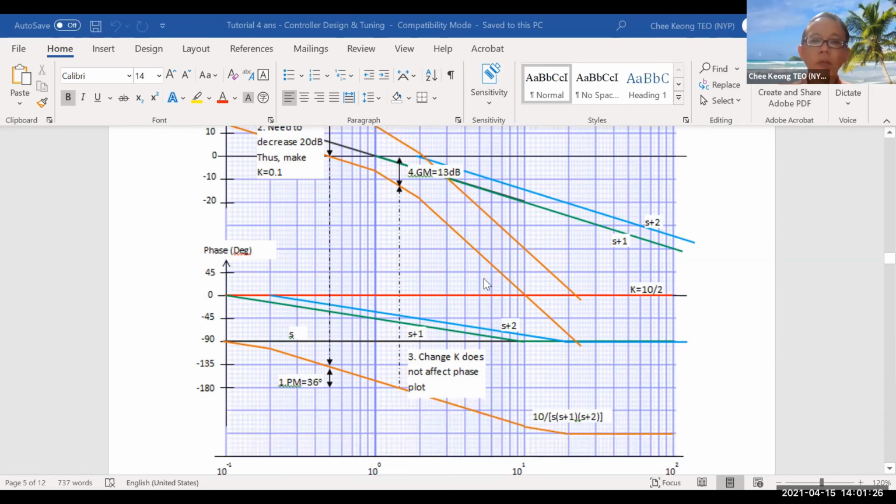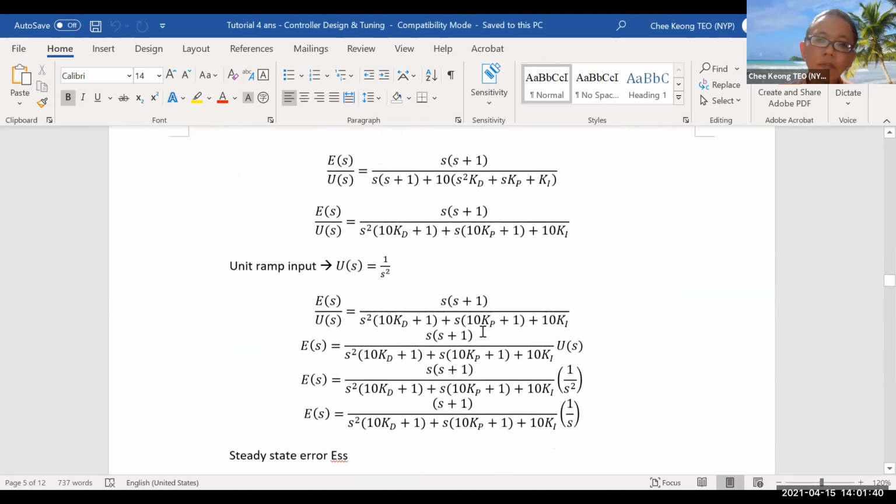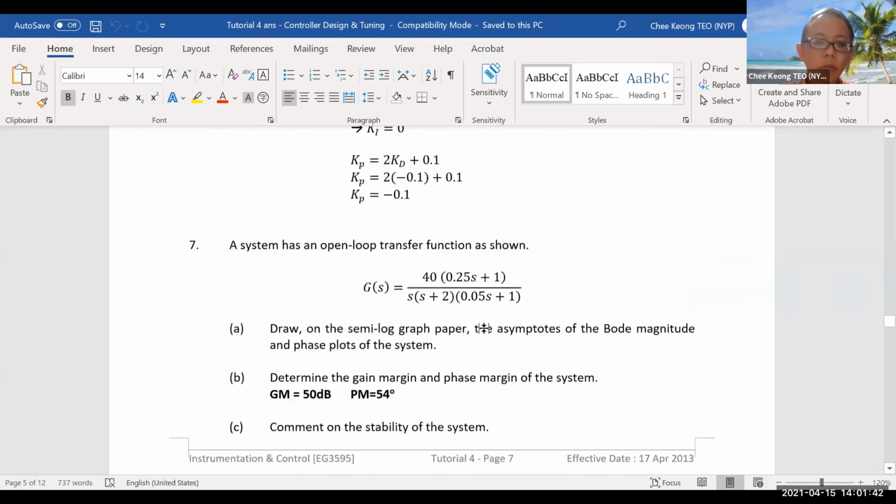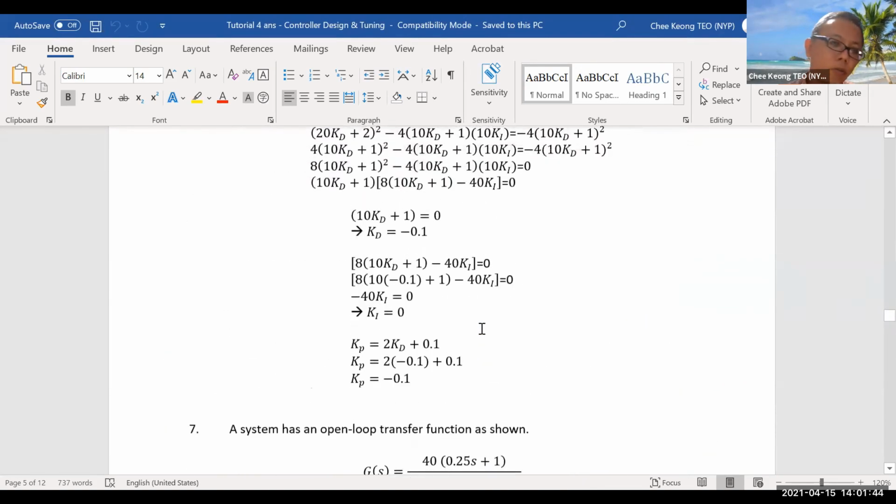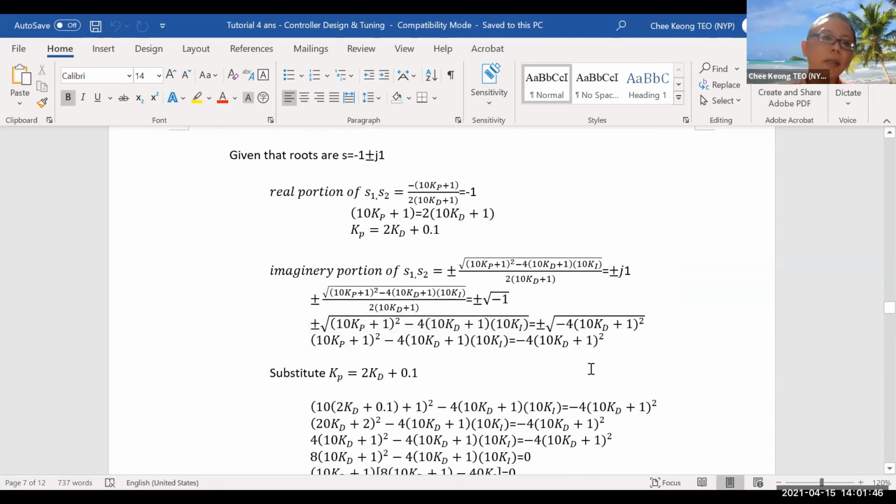Okay, so with that, we still have one more question, right? The other question is question 9, which talks about methods of controller tuning. So I can straight away flip down to question 9 to show it to you. You may have seen that this one looks very complicated. In fact, I didn't mean to share this one with you, but because the question is there, students started to ask me and I started to solve it.